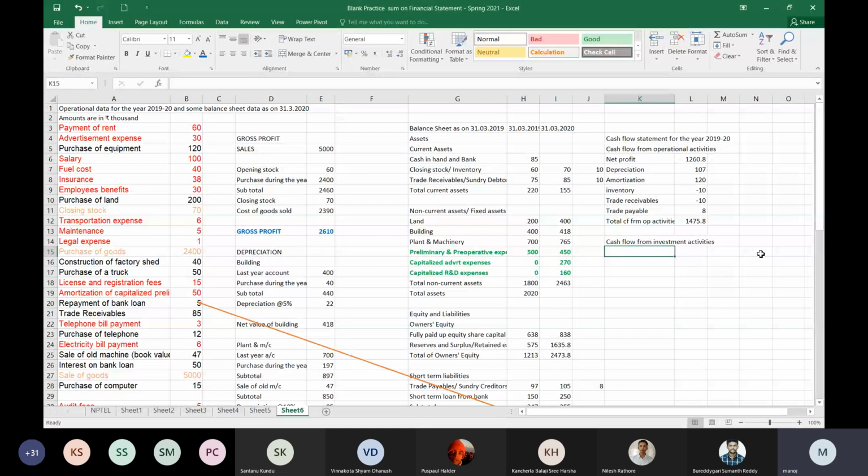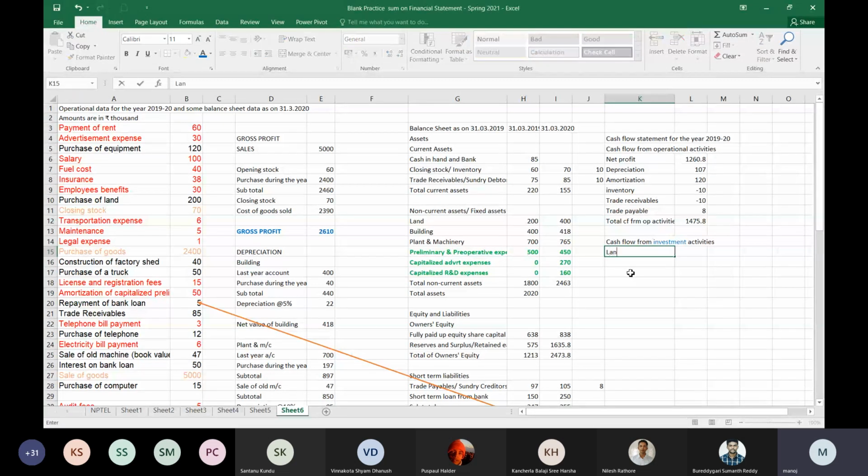That is why it is investment. Invest money to procure long-term assets. That is why it is called cash flow from investment activities. Okay. So wherever you have invested money, that should be shown here.